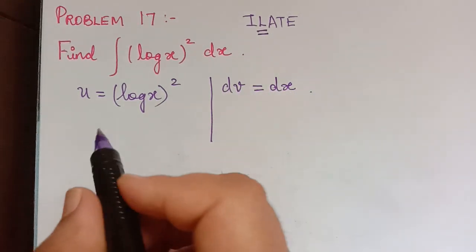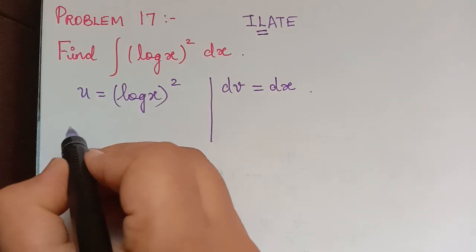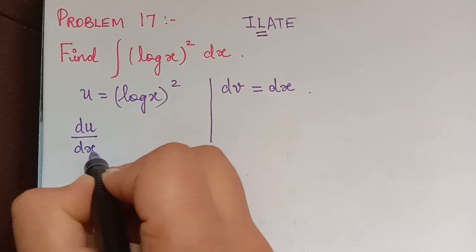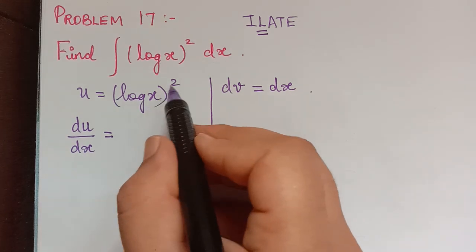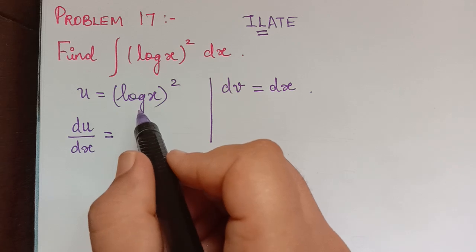Now after this we have to differentiate u with respect to x. So when we differentiate u with respect to x, we get du by dx is equal to the derivative of (log x) the whole squared. This has to be done by using the chain rule method.